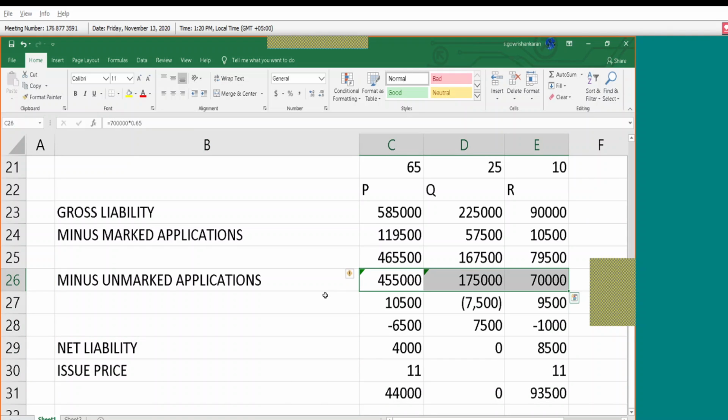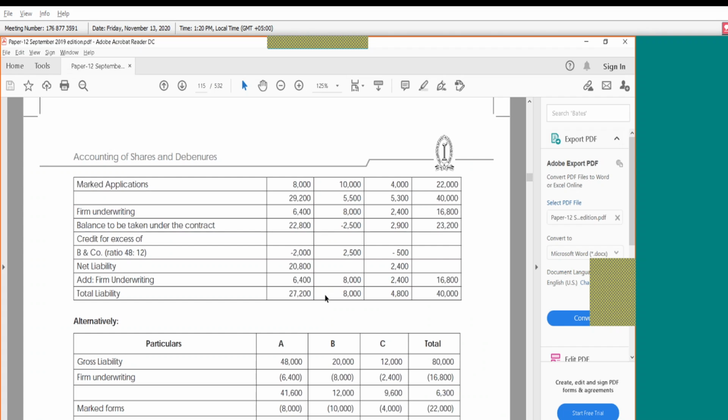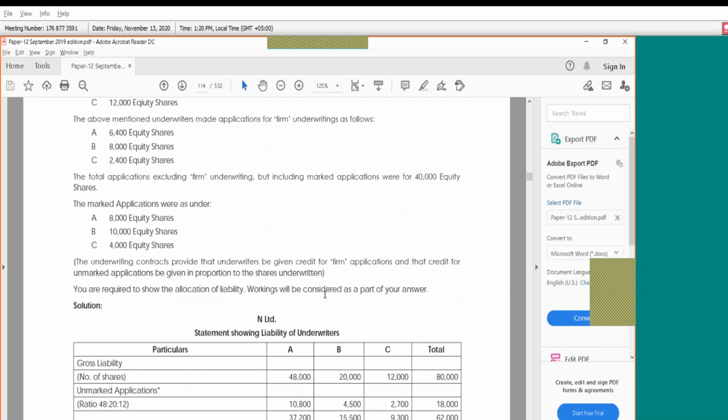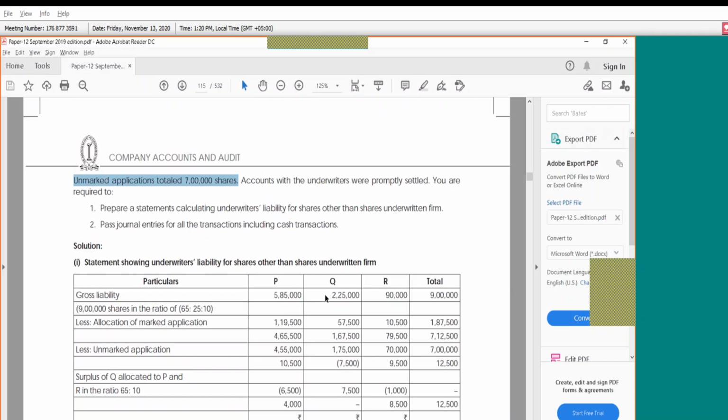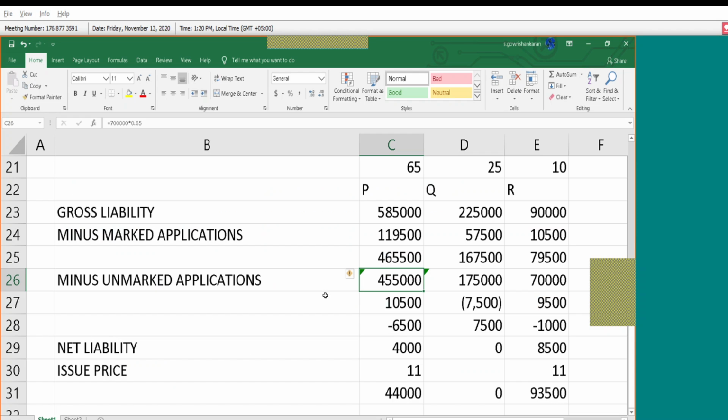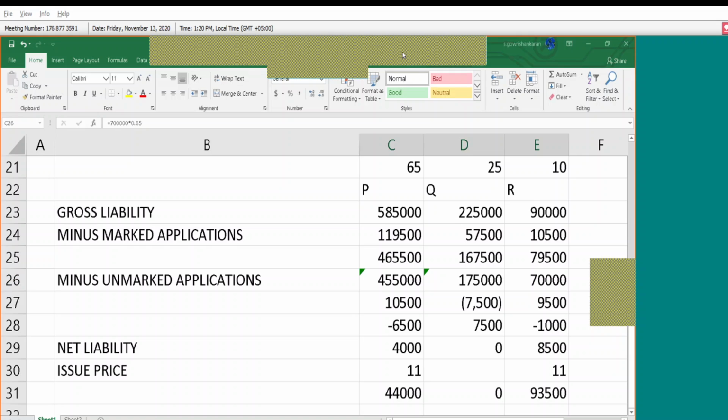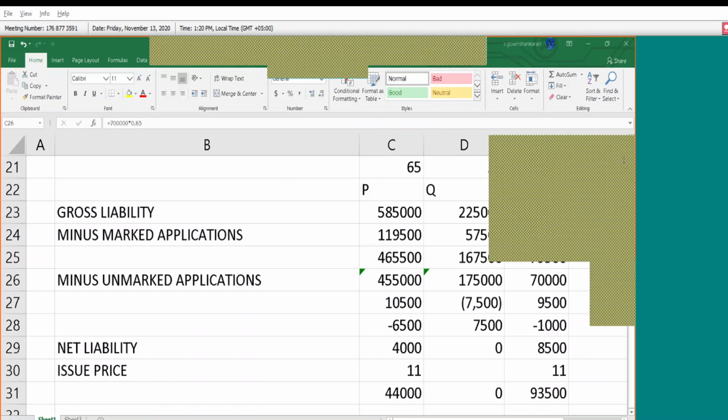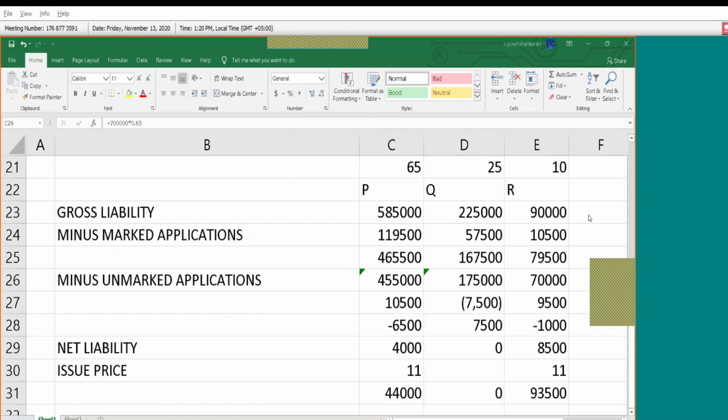The unmarked application total is 7 lakh.